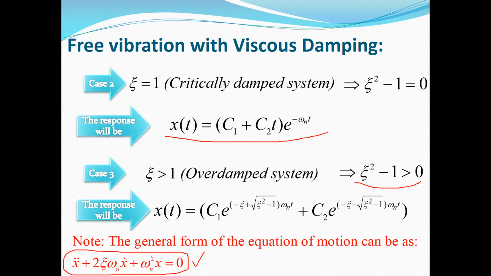So if you have the equation of motion in numerical form and you want to obtain the natural frequency without solving the equation of motion and without solving the characteristic equation, you can easily divide your equation by the coefficient of the acceleration.